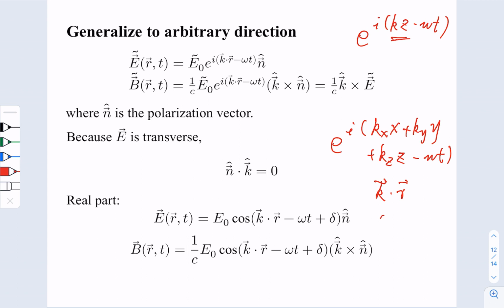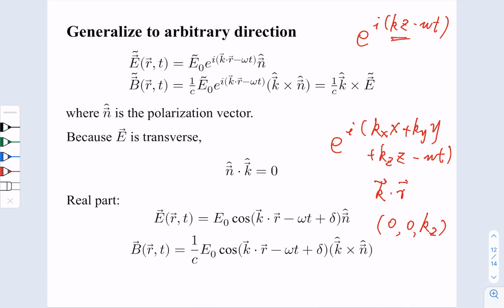So if we set k to be (0, 0, kz), then this goes back to our original case of propagating along the z direction. Writing the result as k dot r doesn't make things more complicated, but it actually generalizes the light propagation from the z-axis to an arbitrary direction of k.